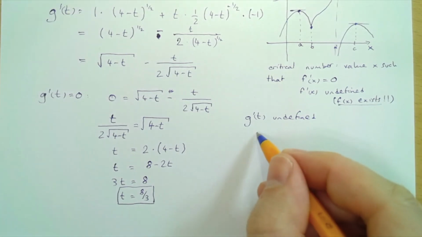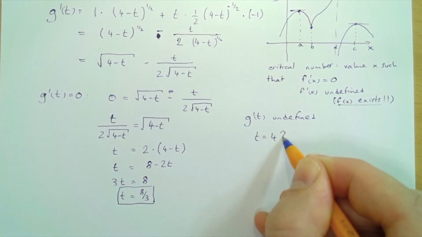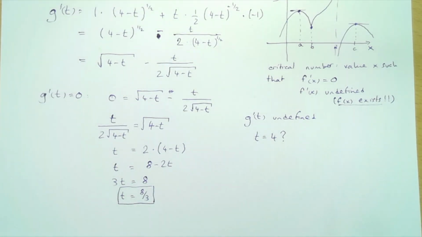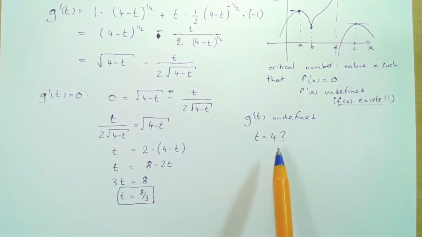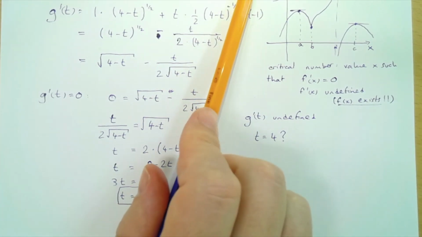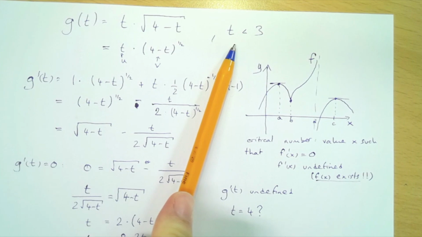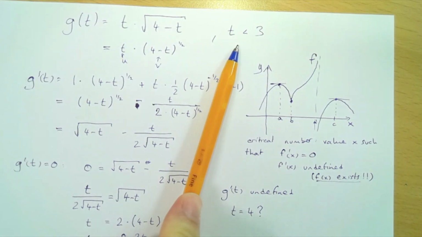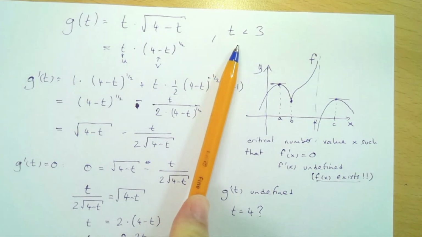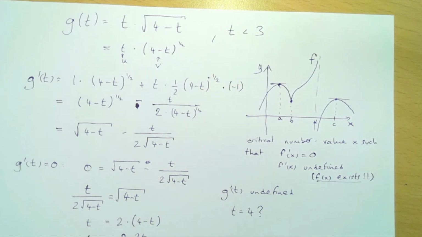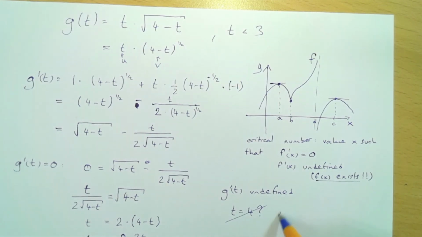However, t equals 4 seems like a candidate. However, the issue is that it is not within the domain that we are given. T has to be less than 3. So this one does not count, not in the domain.